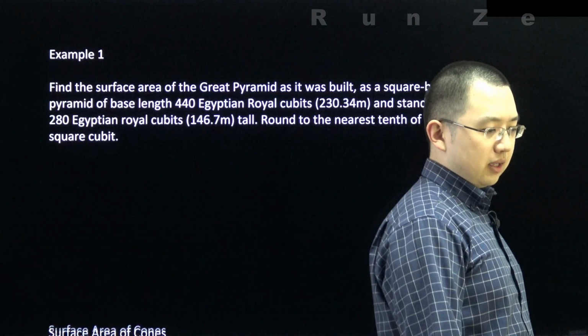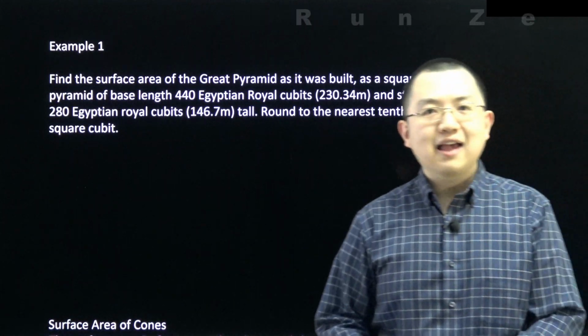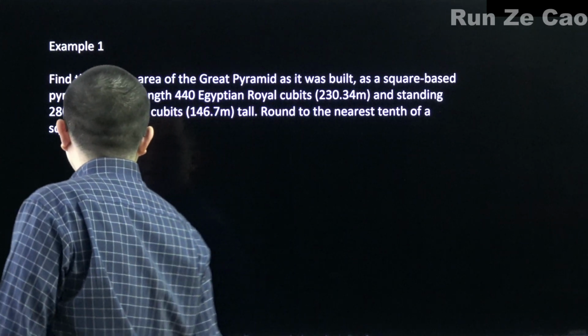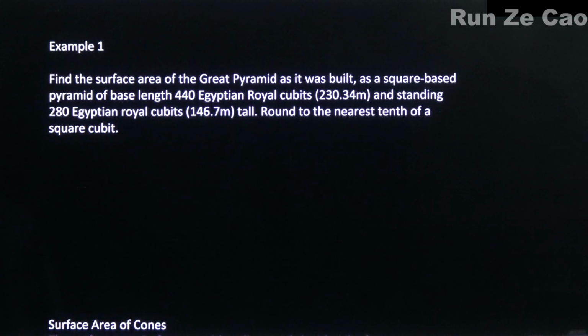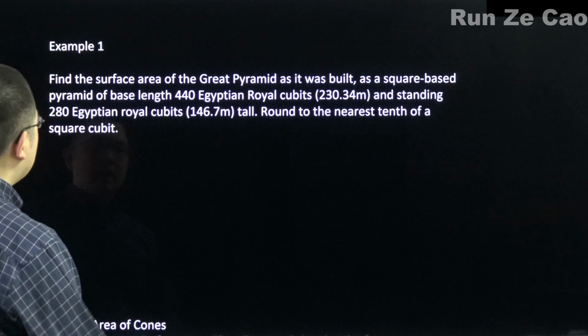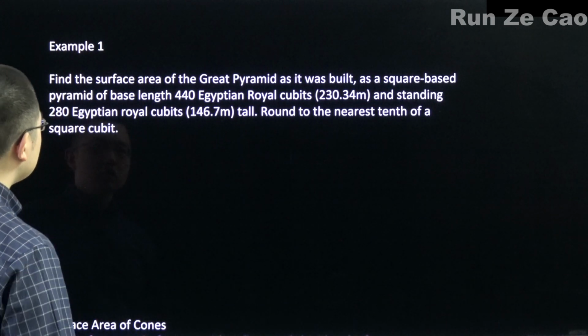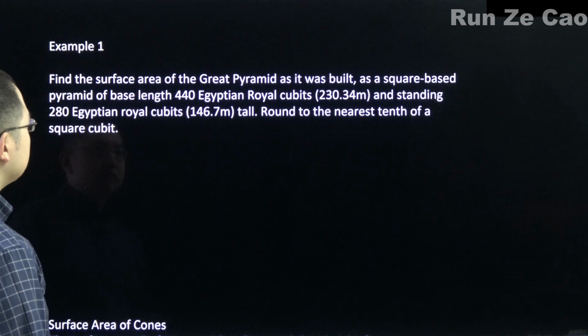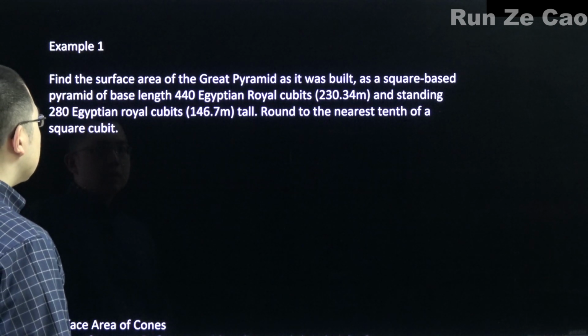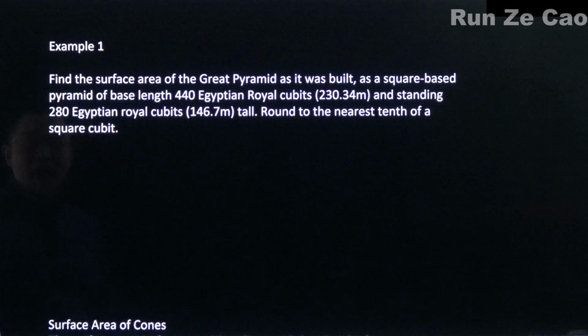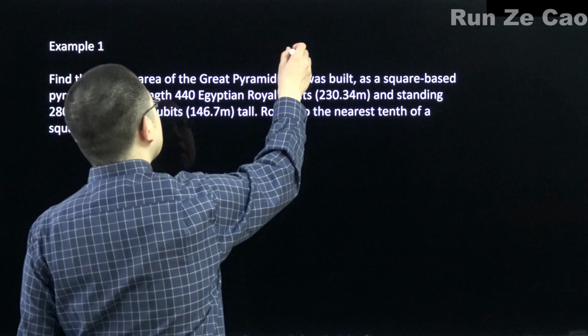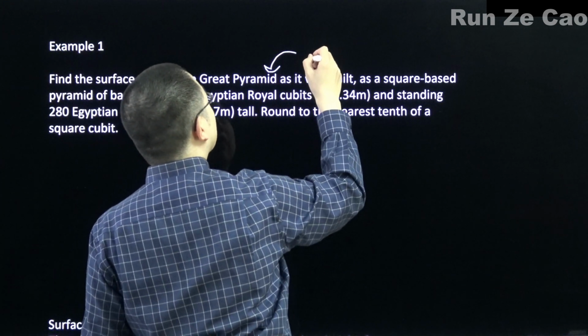Now suppose we look at the Great Pyramid as it was built, and it was built in units of Egyptian royal cubits, and we got around to the nearest tenth of a square cubit for the surface area. The surface area of the Great Pyramid. This actually means just lateral area.